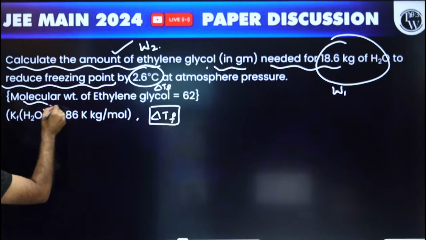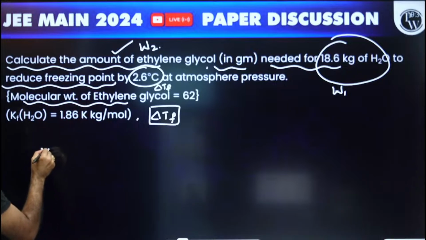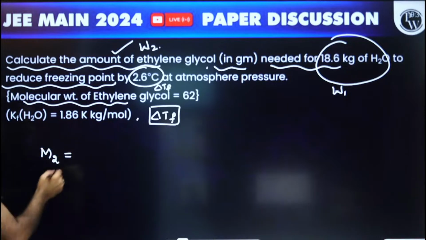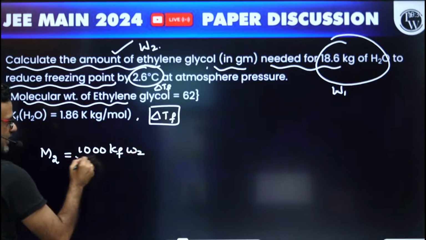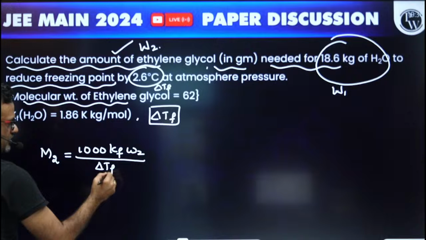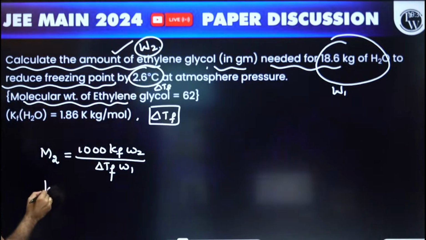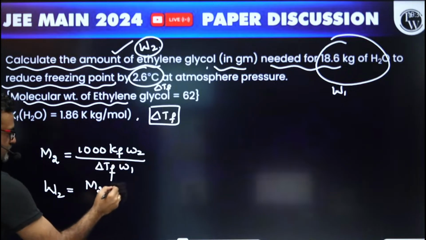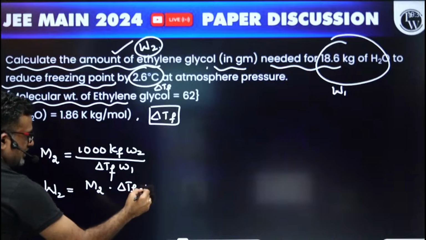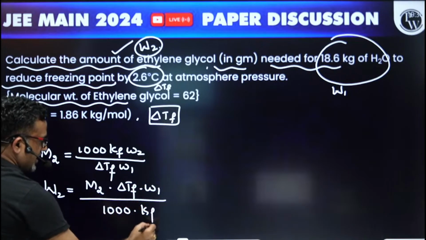This is the molecular weight of the ethylene glycol solute. Relation between all of them, you already know that. Very simple. M2 is equal to 1000 Kf W2 by delta TF into W1. What quantity have they asked you? W2. So your W2 should be molecular mass of the solute into delta TF into W1 by 1000 into Kf.